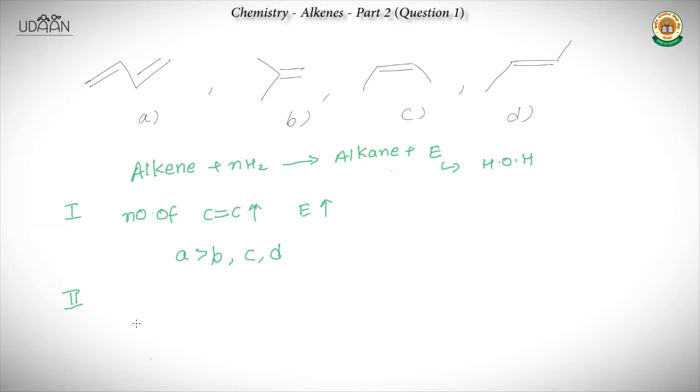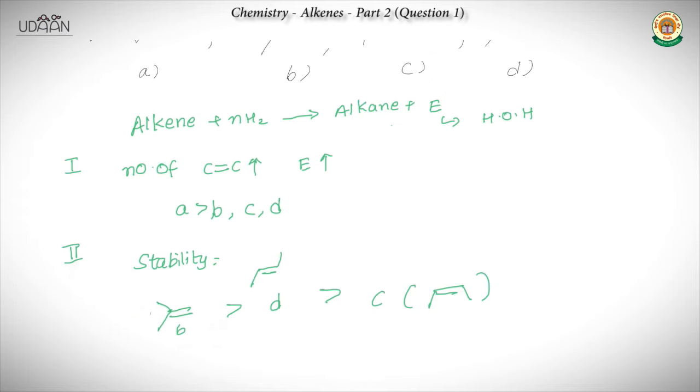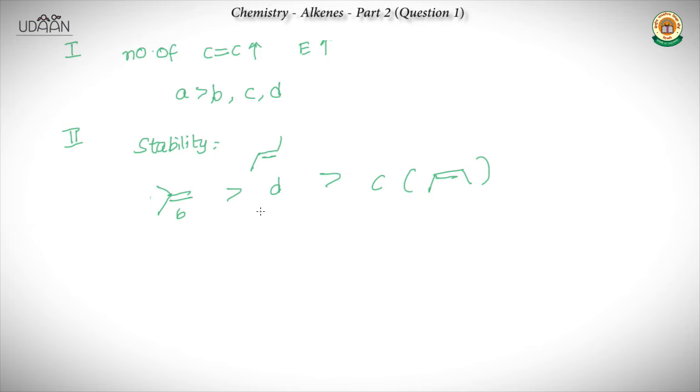So the stability order for these compounds is, for trans, that is for D, plus, this is greater than C, which is this. This order is experimentally determined, so you have to remember this.